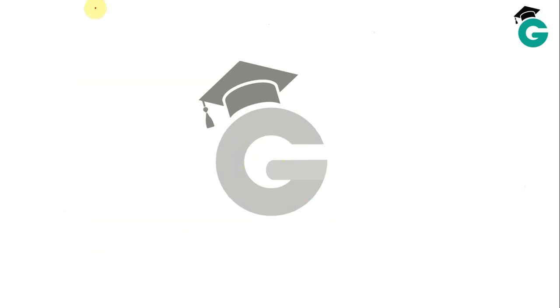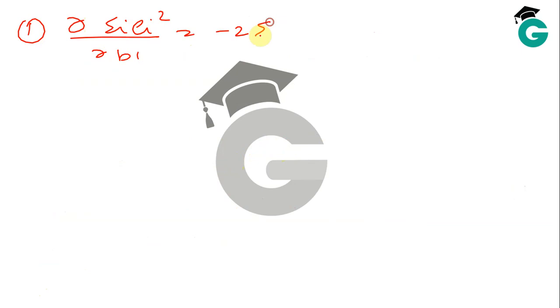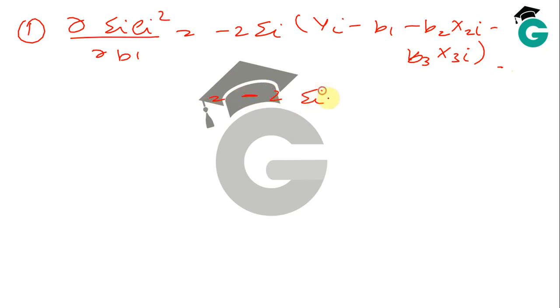So del summation i ei squared by del b1 is nothing but minus 2 summation i, yi minus b1 minus b2 x2i minus b3 x3i, right, which is equal to minus 2 summation i ei, in fact.